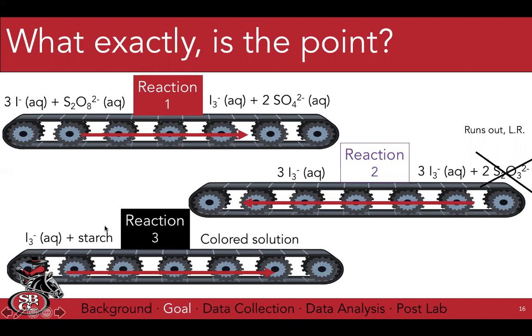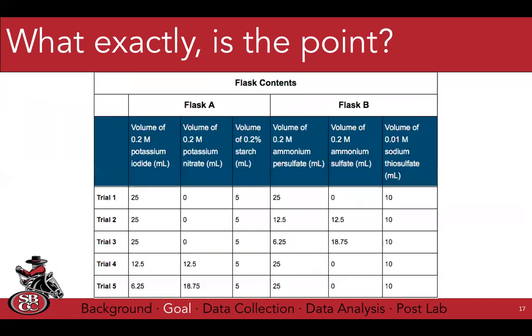Triiodide with starch makes a colored solution, and we know that now reaction 2 has run out, which means reaction 1 has finished, or at least reached the same point every time, which is the point that our limiting reagent runs out. We time that, how quickly it takes for it to run out, and that's where we derive the rate.